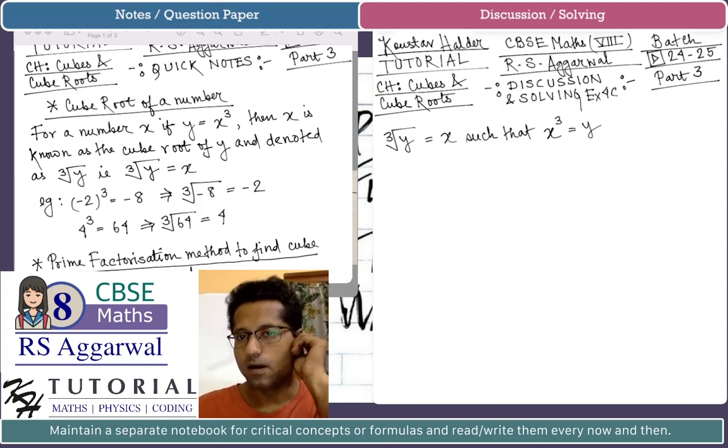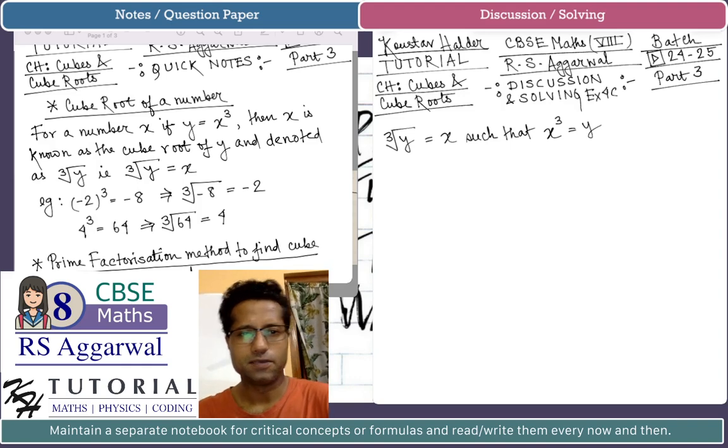So for a number y, its cube root will be a number x such that the cube of x is equal to y.